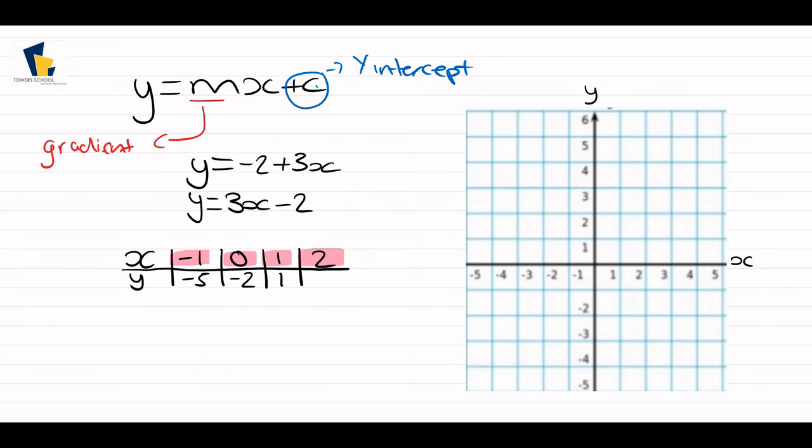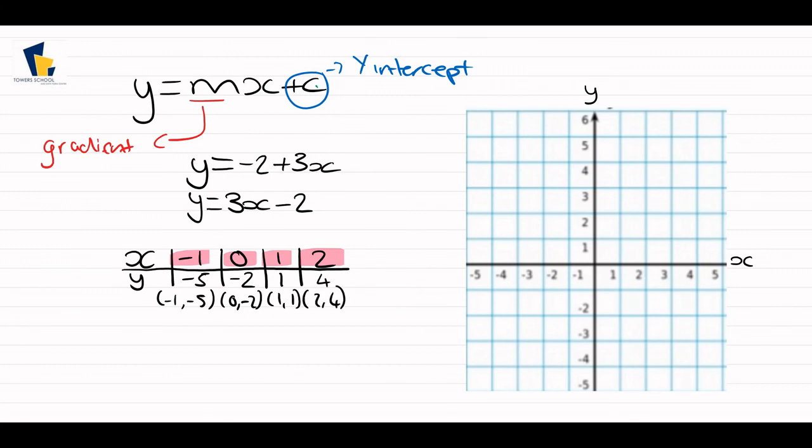So 3 times positive 2 is 6. Minus the 2 gives us 4. So again, pause the video, make sure we have this down. And I'm just going to write out the coordinates. So we have minus 1, minus 5; 0, minus 2; 1 and 1; and 2 and 4.